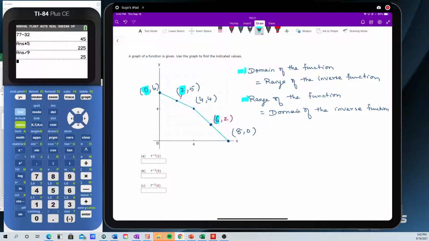So if I have to write the inverse, whatever I'm seeing there is the function and the points. If I have to write the inverse function, let me write the coordinates here. Inverse function coordinates: my first point is going to be 6, 0. The next point is going to be 5, 2.